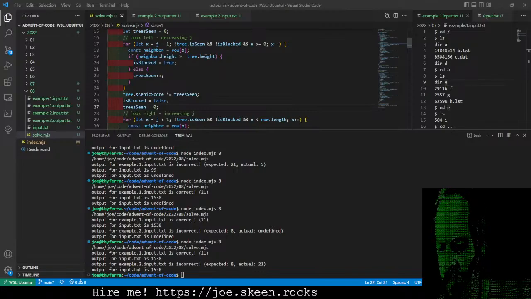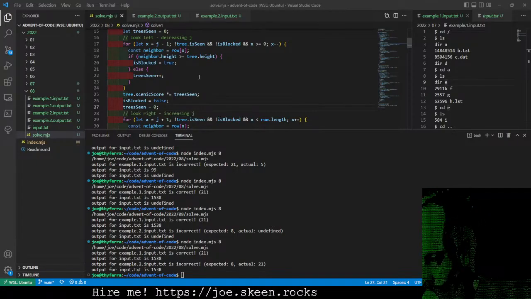We could also put another condition in there such that if the scenic score is already 0, we just stop trying. But I don't think that making this more complicated in the condition is a good idea.